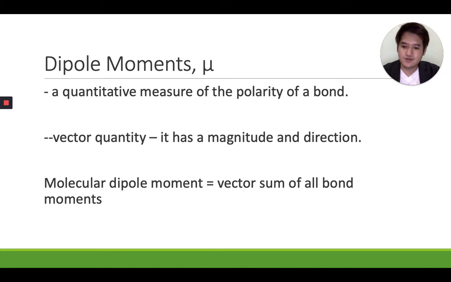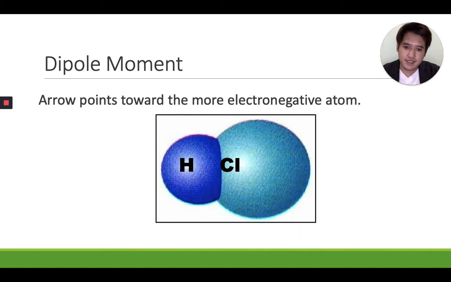When you talk of molecular dipole moment, it is basically the vector sum of all bond moments, and this will be considered in determining the polarity of our molecule. If you remember, the dipole moment is represented by the polarity arrow, which points towards the more electronegative atom, as in the case of HCl.